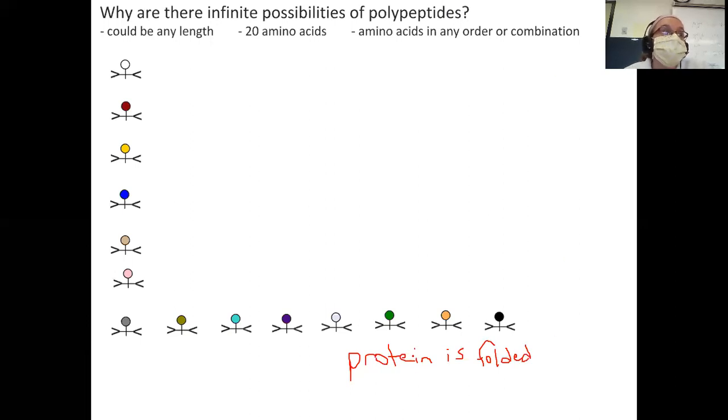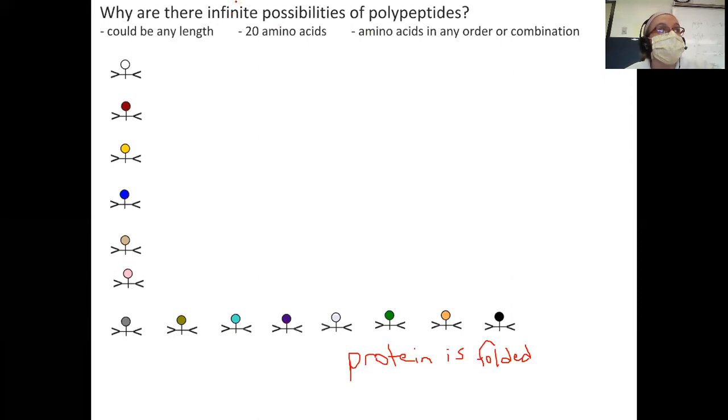A protein can have one polypeptide chain that is folded, or it could have more than one polypeptide chain that is folded. So for example, hemoglobin has 4 polypeptide chains that make it up. It has 2 alpha and 2 beta subunits. Helicase, the enzyme that unzips the DNA, has 6 polypeptide chains in it.